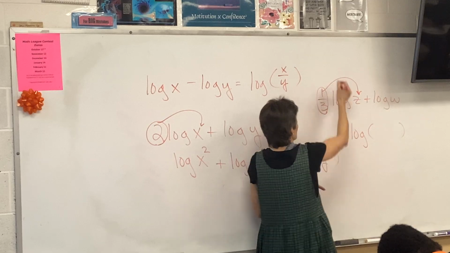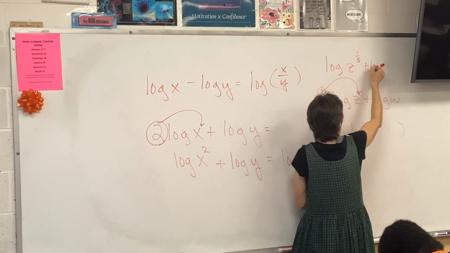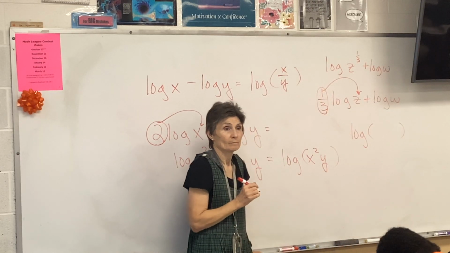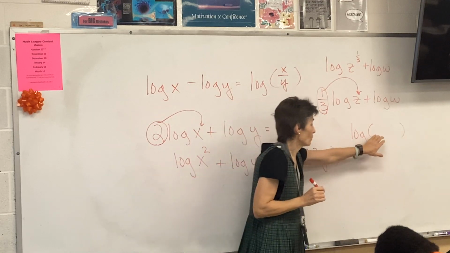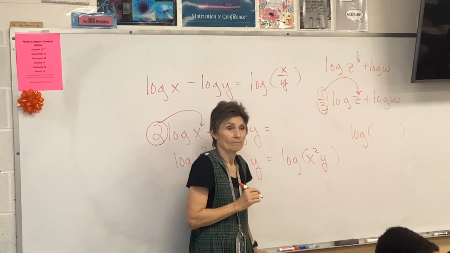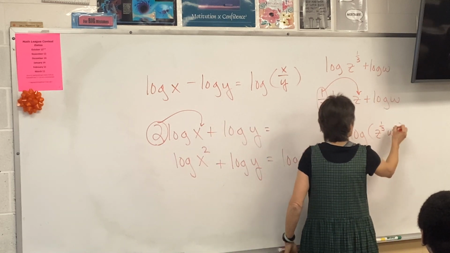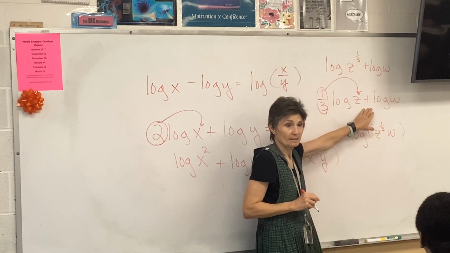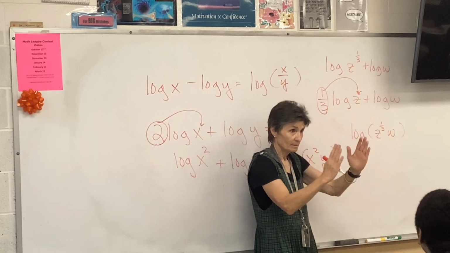So that becomes log z to the 1/3. Now, what's going to go in this parentheses right here? Z to the 1/3 times W. Why is it times? Because that's an add. When that's an add, they get multiplied.